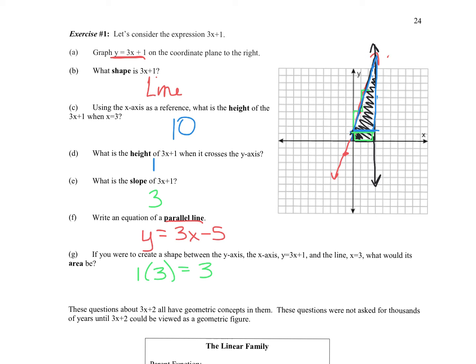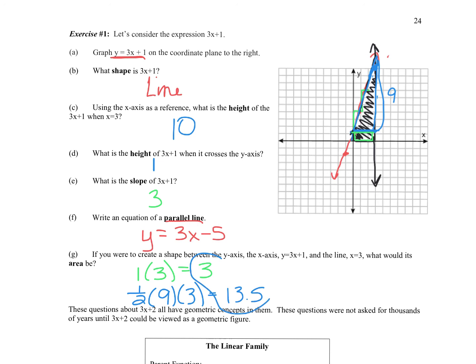So this has a base of 3, and I think the height is 2, 4, 6, 8, 10. It really should intersect here, okay? So this is 9 tall, okay, and 3 across. So 1/2, because it's a triangle, 9 times 3 is 13.5.